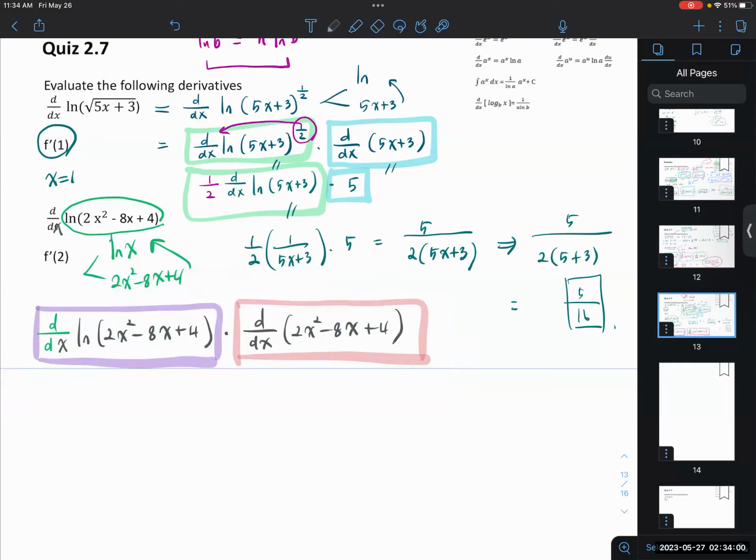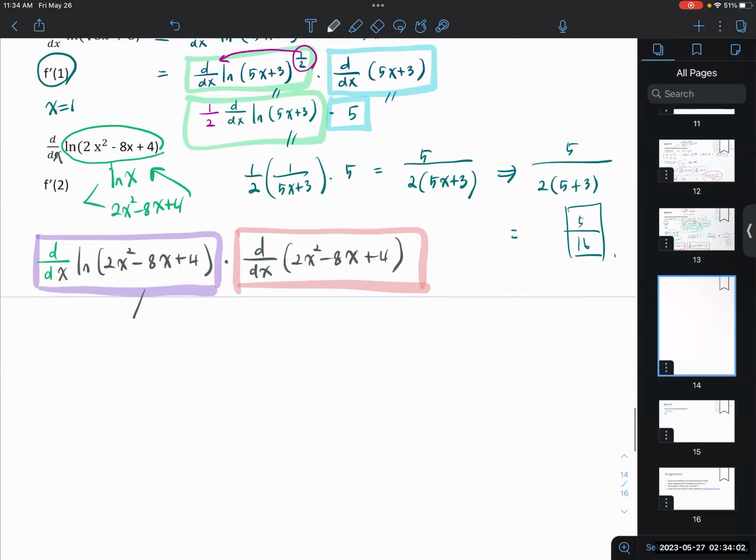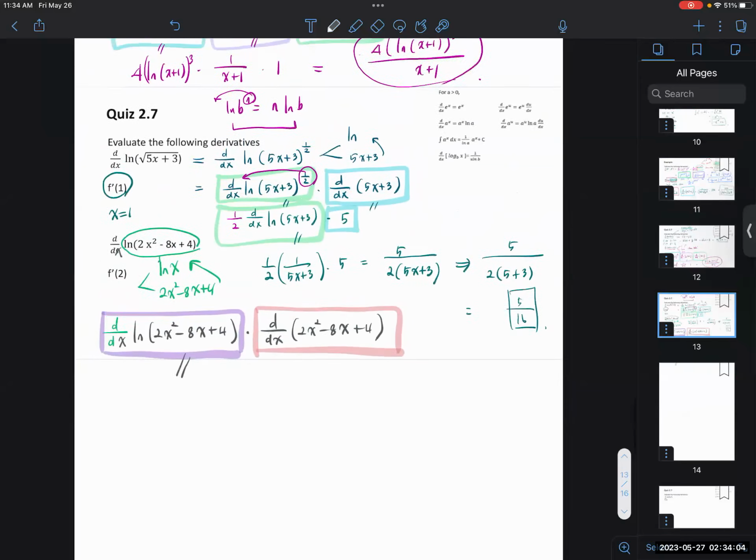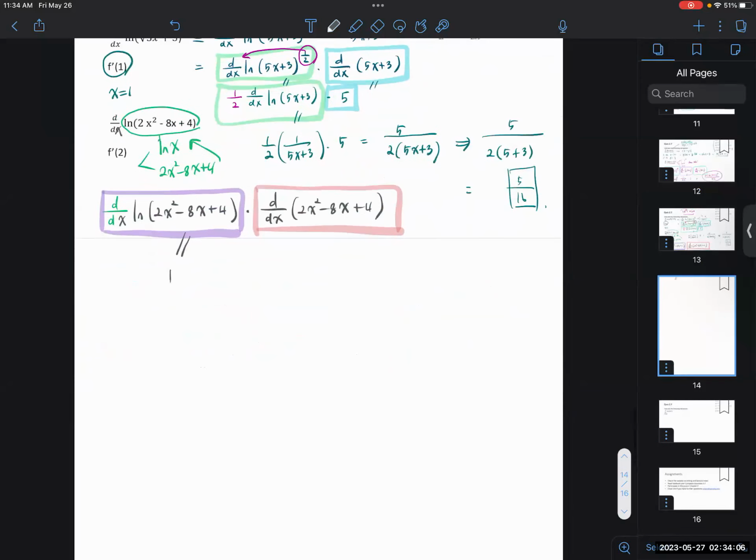Are you guys okay? So now, according to the ln x derivative, it is going to be 1 over 2x squared minus 8x plus 4. And then this is going to be 4x minus 8. So you can simplify: (4x minus 8) over (2x squared minus 8x plus 4).